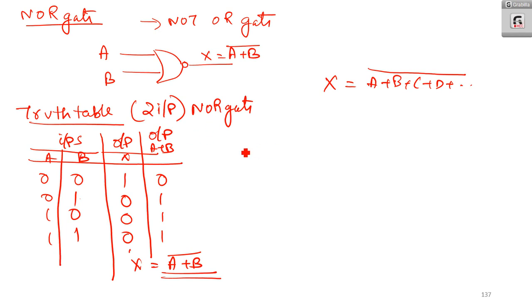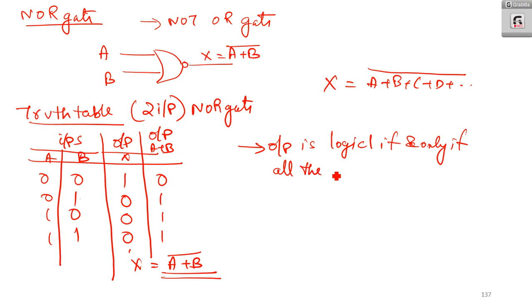Here the output is logic 1 if and only if all the inputs are logic 0. If all the inputs are logic 0, then you can say that the output of the NOR gate is logic 1.